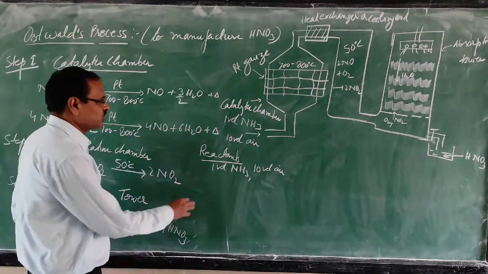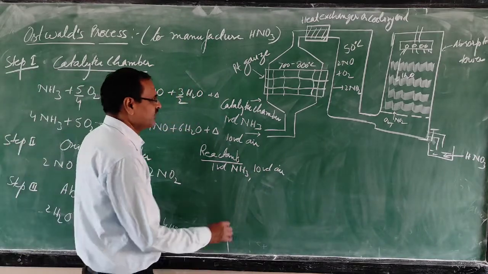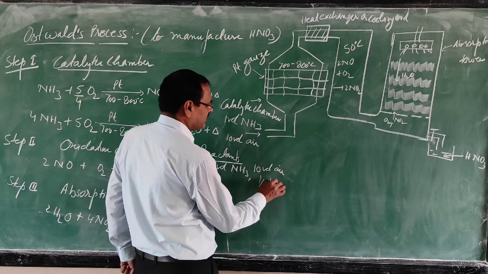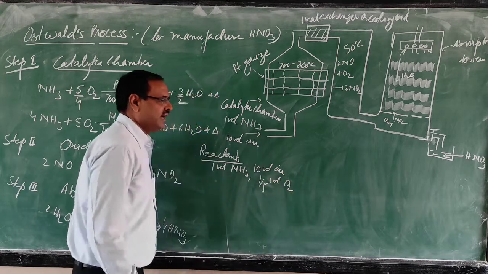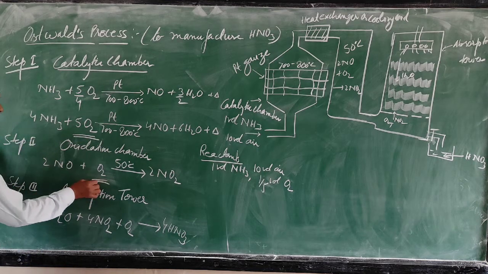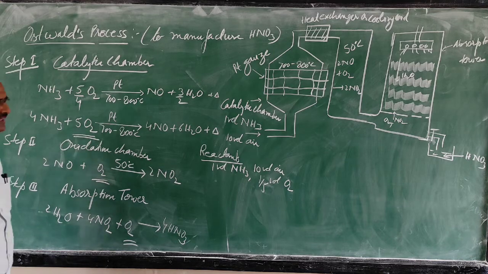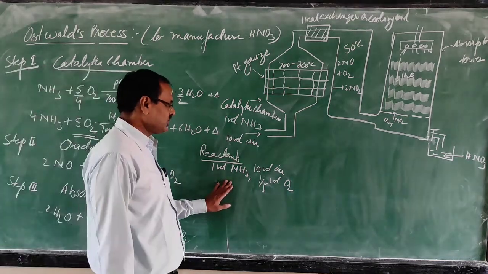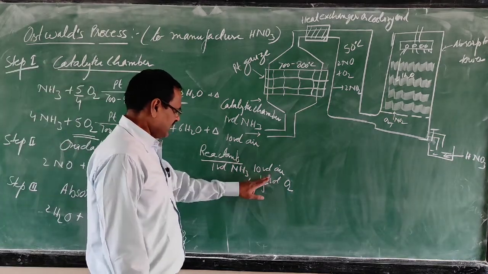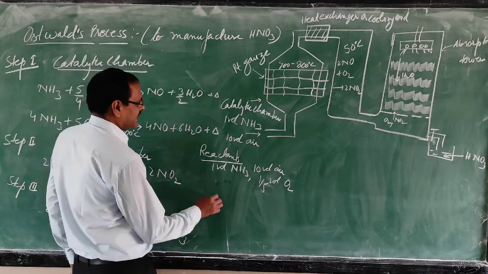You are taking 1 volume ammonia and 10 volume air. What is the reason? In air, only 1/5 volume is oxygen, and oxygen is used in all the 3 places: here the catalytic chamber, the oxidation chamber, and the absorption tower. In all the 3 places that oxygen is used. So that's why ammonia is 1 volume and air is 10 volume. Next one is the catalytic chamber.